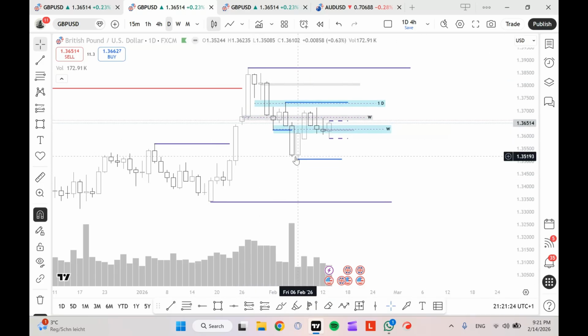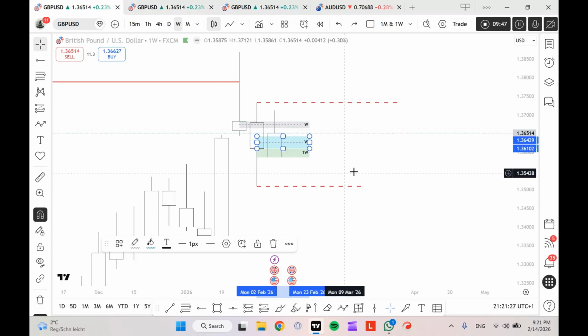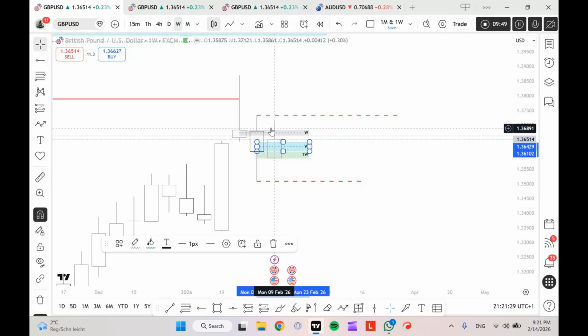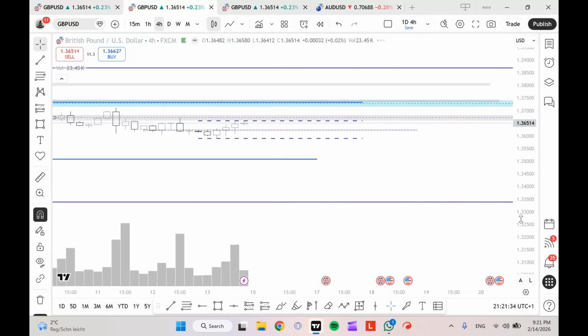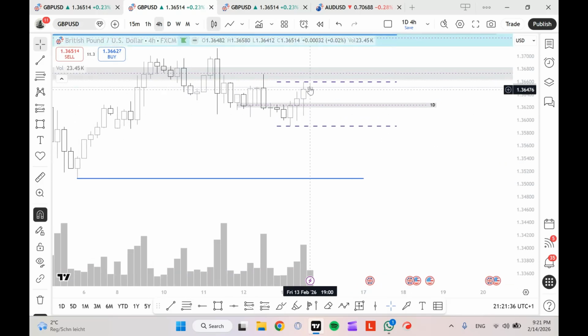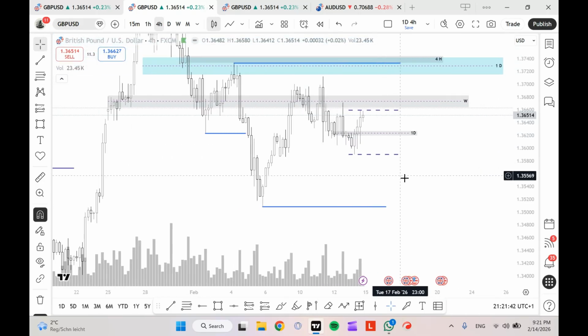The weekly closed bullish, there are confluences, and what I'm expecting on Monday at least is some pullback inside this order block or something like this, and then a continuation higher.